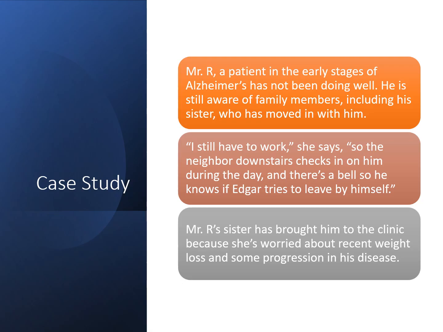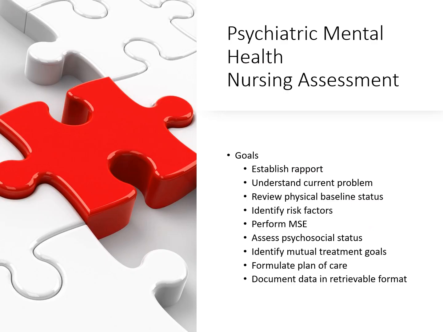The sister says, I still have to work, so the neighbors downstairs check on him during the day, and there's a bell that sounds if he ever tries to leave by himself. His sister also brought him to the clinic because she worries about his recent weight loss and some progression in his disease. So that is the case study as we begin.